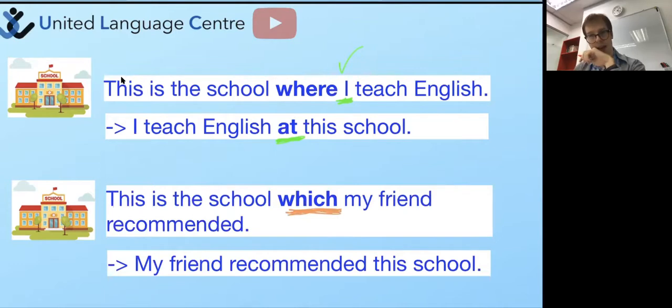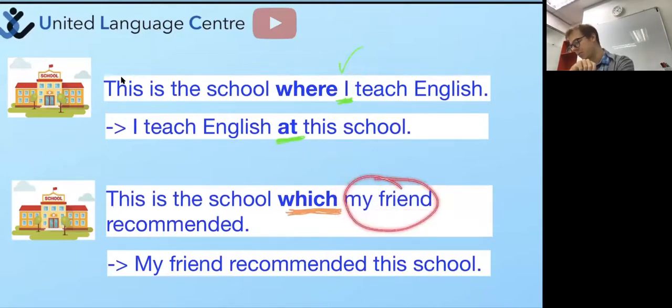Actually, I said same situation, maybe not. Look, this is the school which my friend recommended. The school, my friend, right? This is a subject. This isn't a main verb. So subject, is this okay? Okay. So this is where you have to be double careful, extra careful, because even if there's no verb here, right?